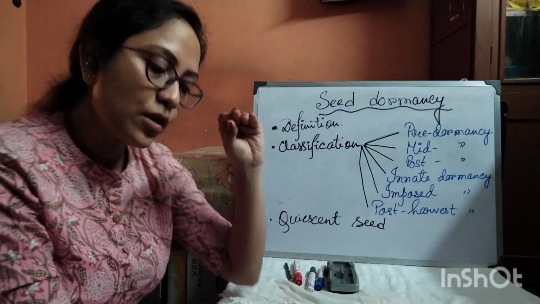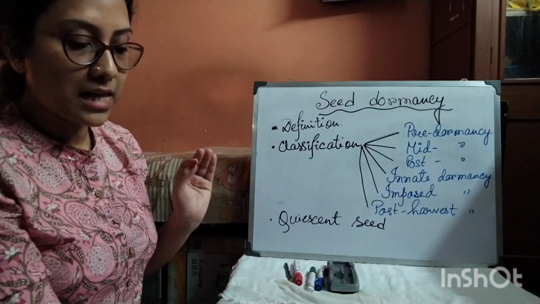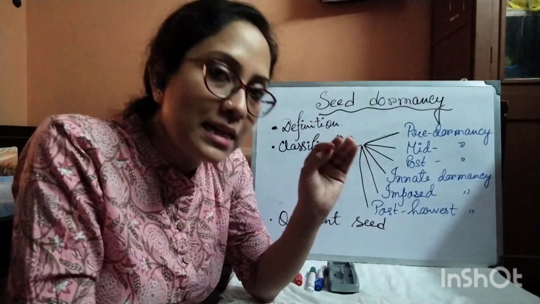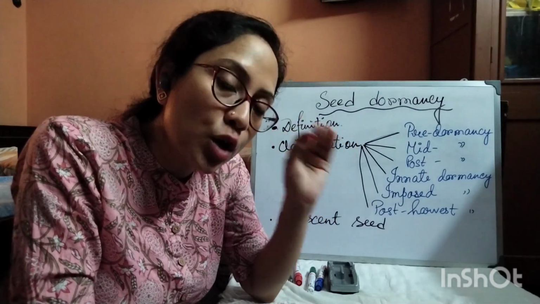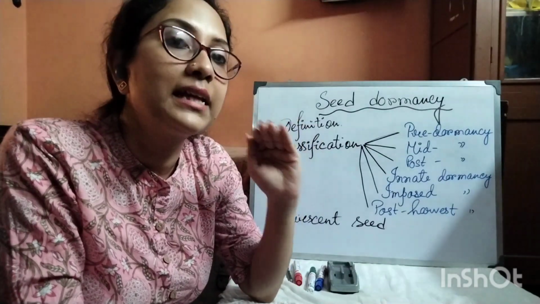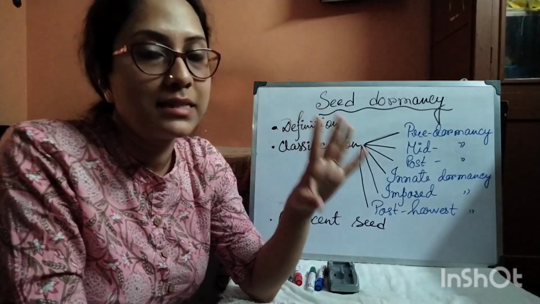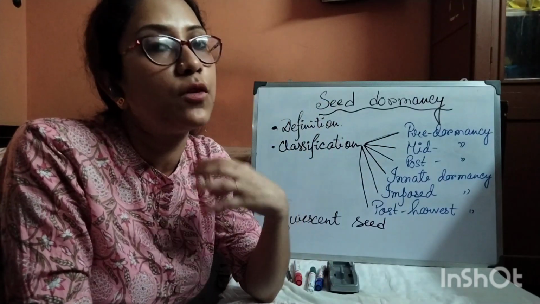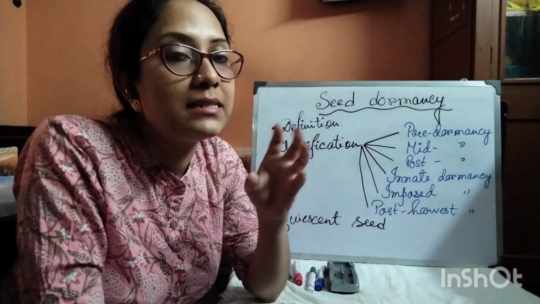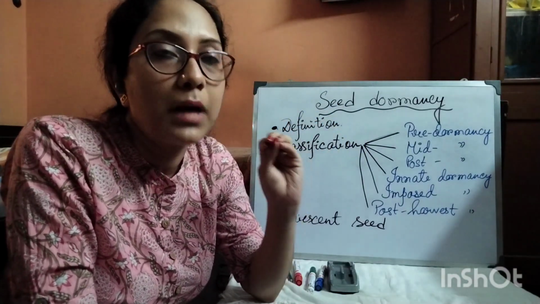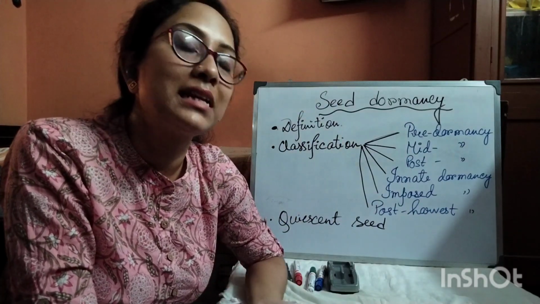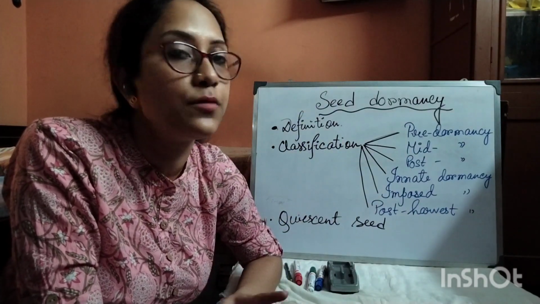So in case of post harvest dormancy, some seeds will remain in a dormant state after getting collected from the field. We can say it like this: after getting collected from the field, some seeds remain in a dormant situation, and this is termed as post harvest dormancy. So this is a schematic diagram of the different classifications of seed dormancy.